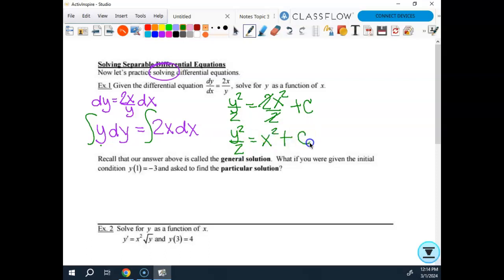I don't want to lose anybody here. So I'm going to multiply both sides by 2. Multiply this side by 2. Multiply this side by 2. Now watch what happens here. These cancel out, and I'm going to get y squared equals 2x squared plus c.